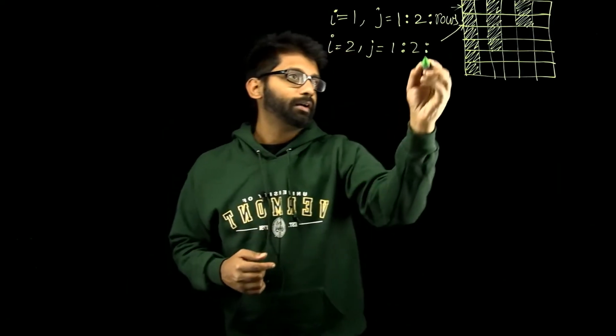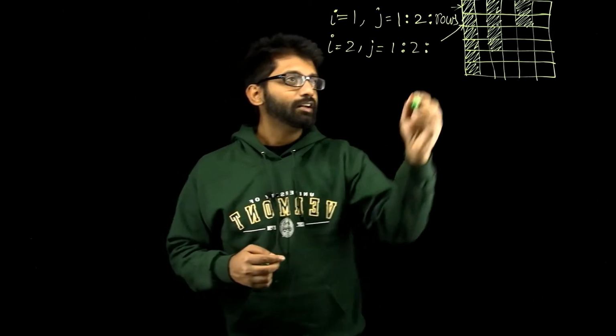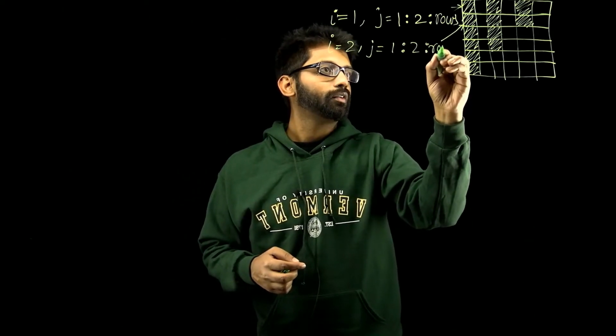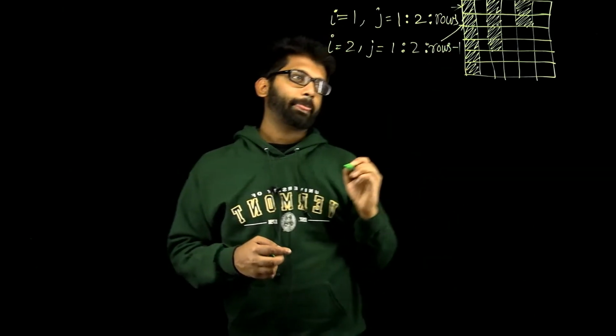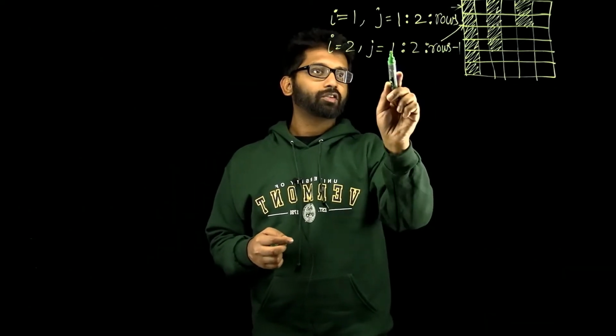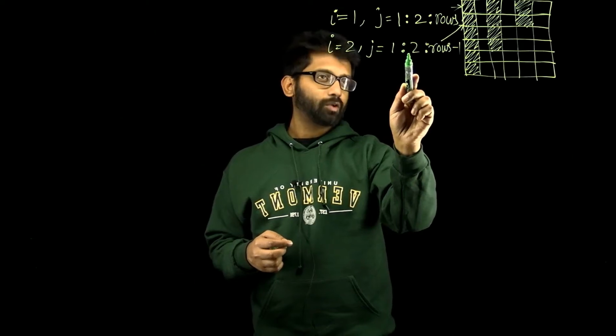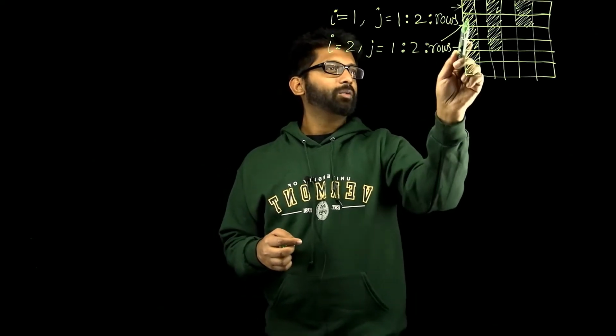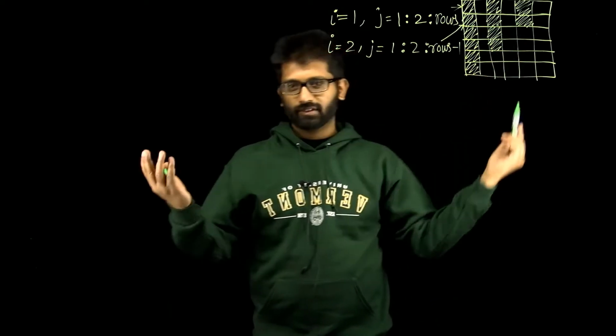I'm just writing this up; we can validate this later. So I'm going to write rows minus 1, and see if it holds true. So j equals 1 colon 2 colon 5, which is 1, 3, and 5. Still true.